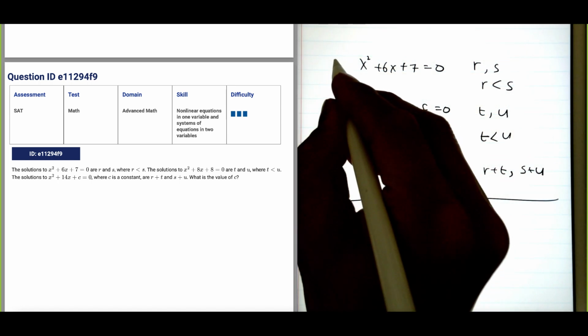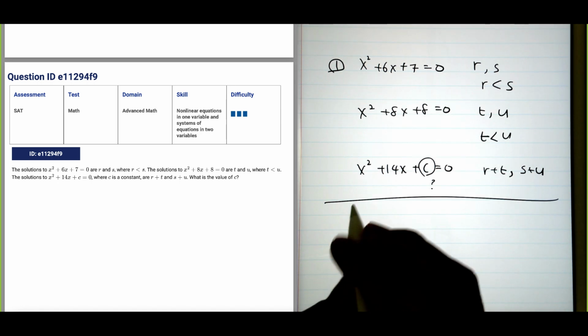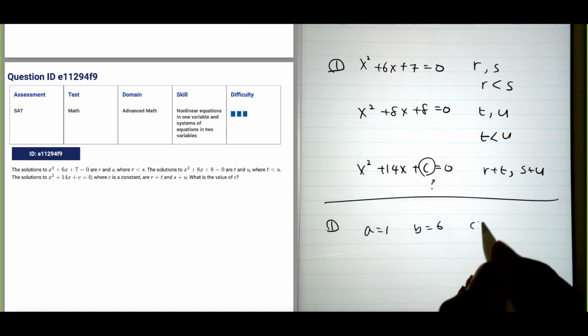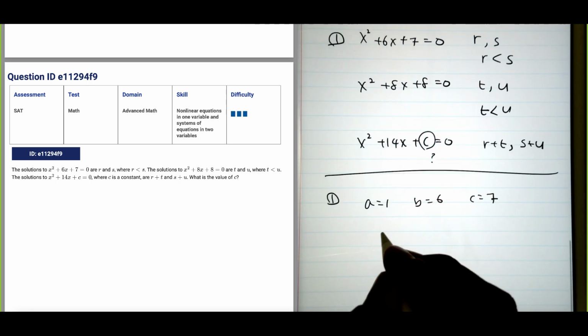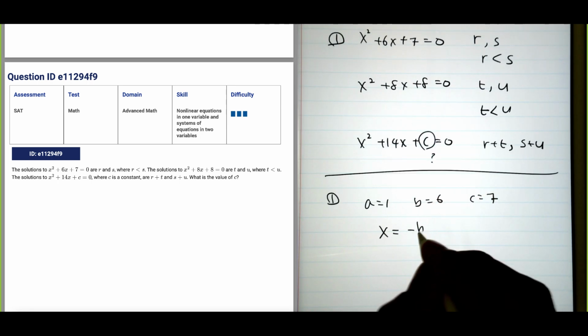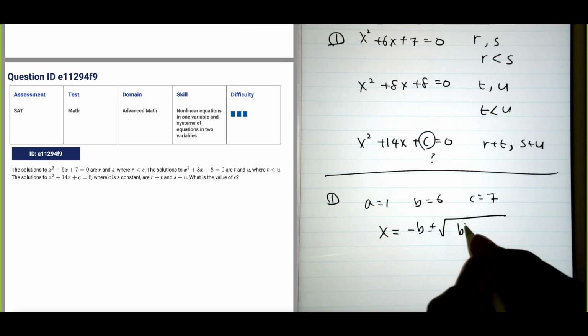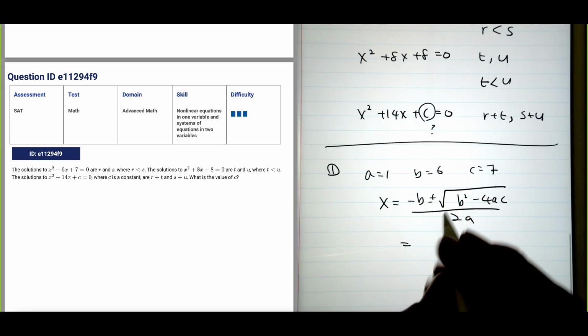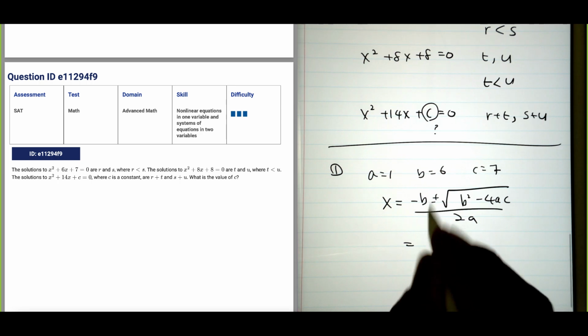So for the first one, I have a equals 1, b equals 6, and c equals 7, and just pull out your quadratic formula. x equals negative b plus or minus the square root of b squared minus 4ac, all divided by 2a. Just plug in these variables with numbers.